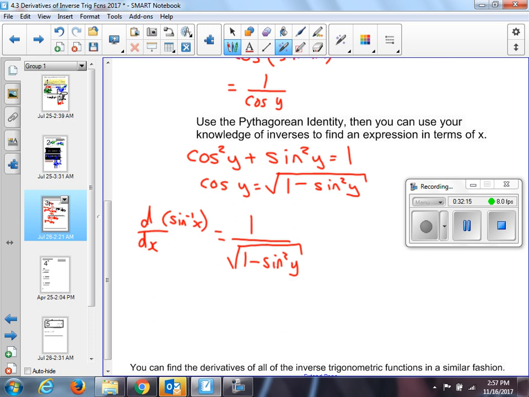Now, one last thing here then. Couldn't you just leave it as 1 over cos y? Isn't it the same? Well, you'll see something right away. What is the sine of a function equal to, the x coordinate or the y coordinate? It's equal to the x coordinate.